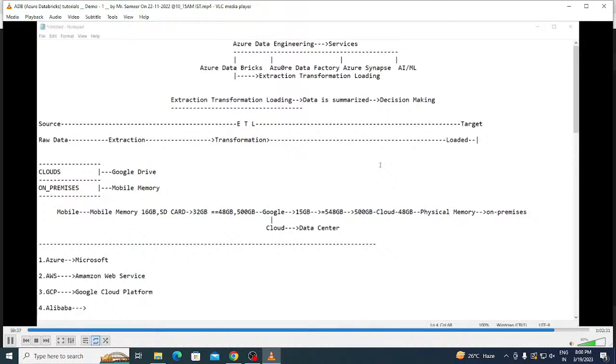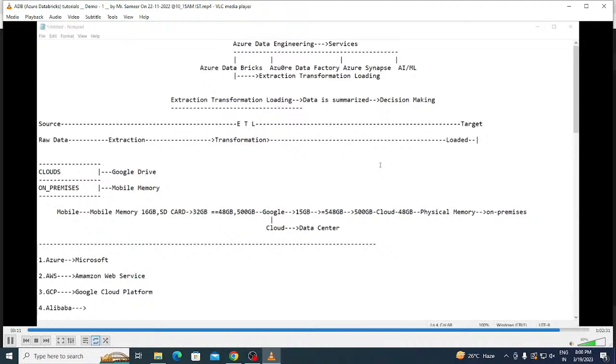Sir, ADB and ADF are both provided by Azure, Microsoft, right? What is the main difference between ADB and ADF? Basically, if there is a project where you are going to use ADF and ADB both, ADF is used for the data ingestion process only, that means insertion of the data.